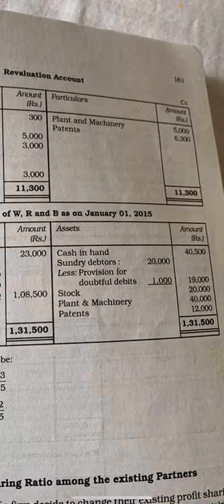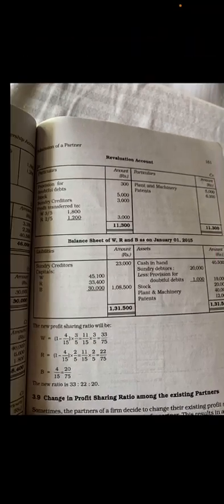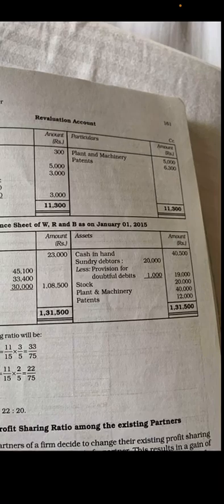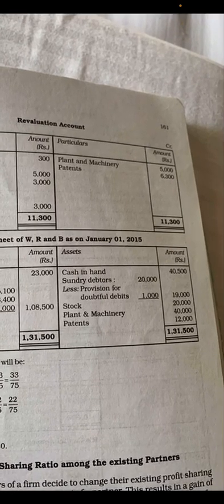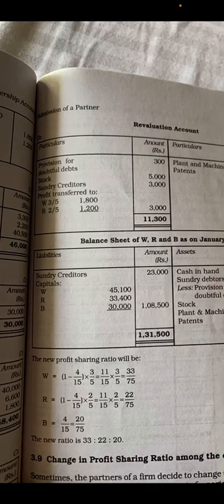Okay, and then stock, the value of stock was 20,000. Plant and machinery, you know there is an increase in plant and machinery. It was 35,000, now it is 40,000. 5,000 increase. And even patent, the value of patent also has increased by 12,000. And then on the credit side, your creditors before was only 20,000, but in your sum it is told that 3,000 worth creditors were not recorded, so that amount also has to be entered.